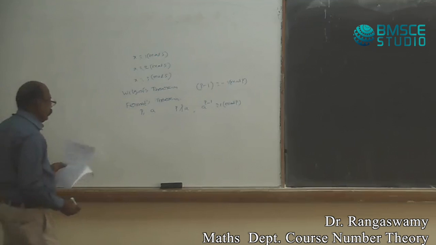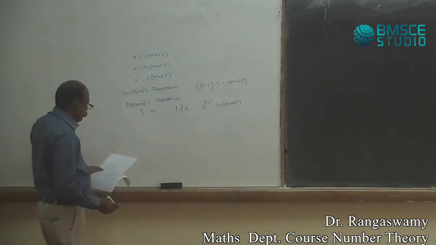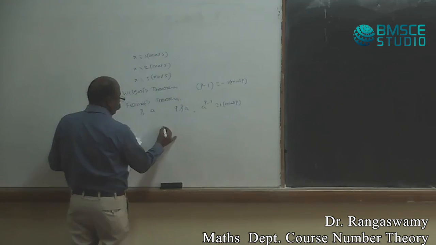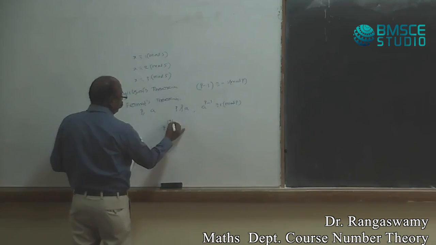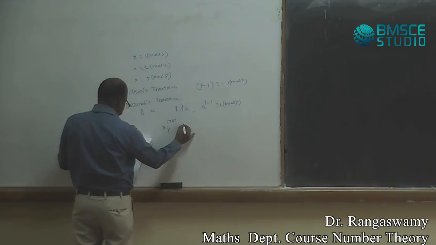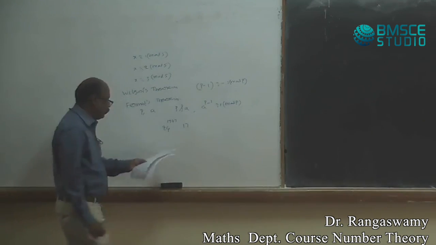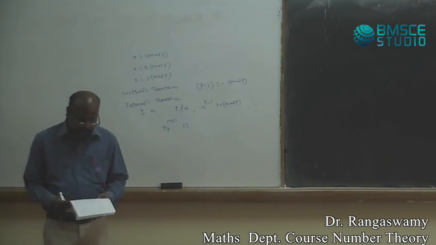As an application, you can find the remainder when 24 power 1947 is divided by 7. Using Fermat's theorem, we can solve this problem.